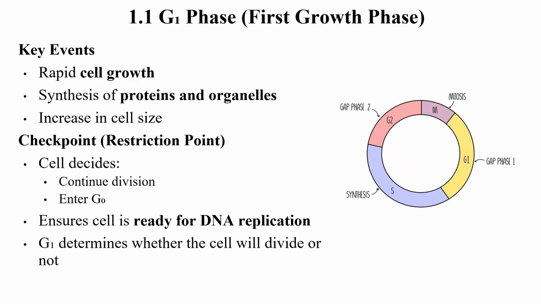Cells exit the cell cycle and stop dividing. Some cells enter temporary G0 and can divide again later, for example, liver cells. But some cells enter permanent G0 and never divide again, for example, neuron cells and cardiac muscle cells. These cells remain metabolically active but do not replicate DNA. So that is the G0 phase.